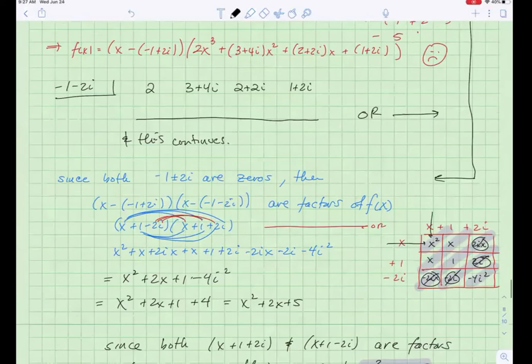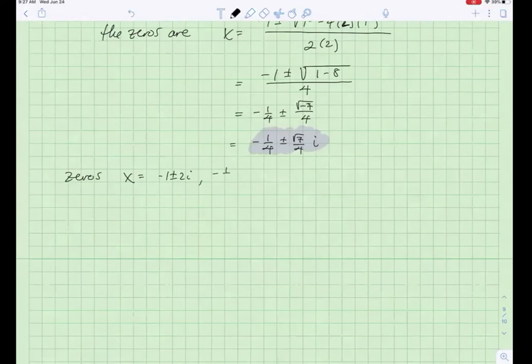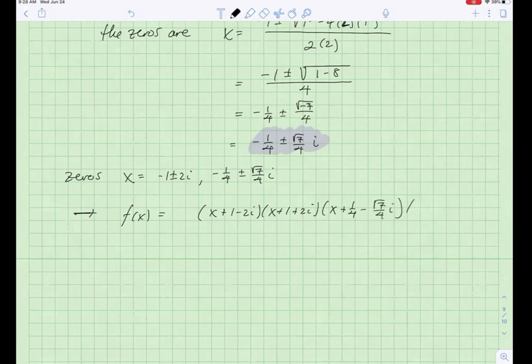Yes, -1 plus or minus 2i, and -1/4 plus or minus root 7 over 4 i, which means that f of x has the following factors: x plus 1 minus 2i, x plus 1 plus 2i, x plus 1/4 minus root 7 over 4 i, and x plus 1/4 plus root 7 over 4 i.